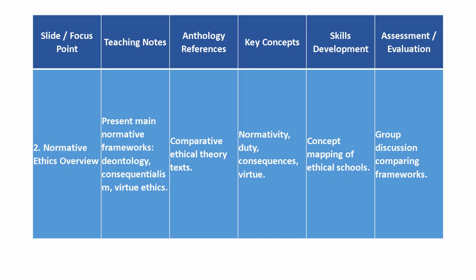Anthology reference, according to the table, comparative ethical theory texts, and under key concepts: normative duty, consequences, virtue. In skill development, we have concept mapping of ethical schools. Assessment evaluation, group discussion comparing frameworks.